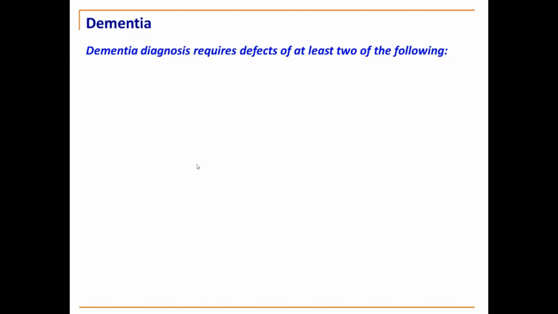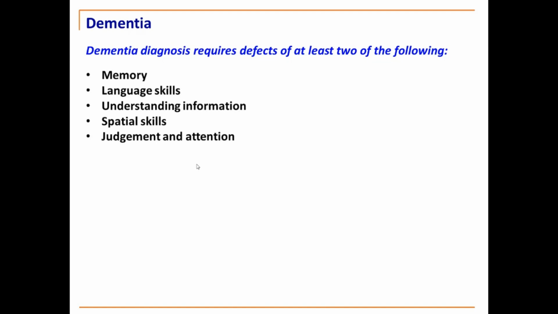And so dementia diagnosis requires defects in a variety of different systems, if you like, or higher order skills. So you need defects in possibly memory or your language skills or understanding information, spatial skills and spatial awareness and judgment and attention, for example.